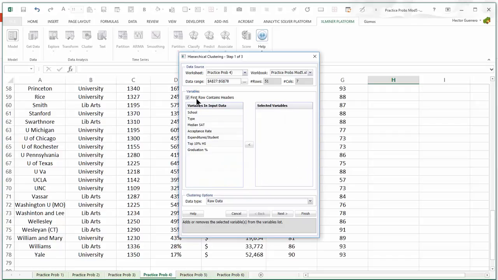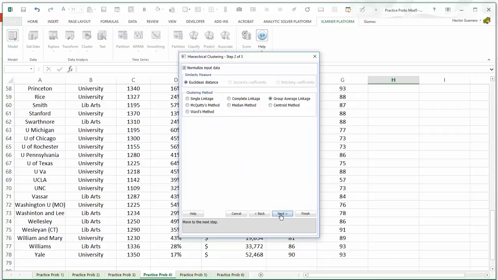It asks us whether we have a first row with column headers, and yes, we do. Here are the column headers. And again, the two variables that we want to use for the purposes of analysis are median SAT and acceptance rate. Remember, I pointed to this, hit Control, and I move these over into the selected area. This is raw data, so I need not do anything more than this.